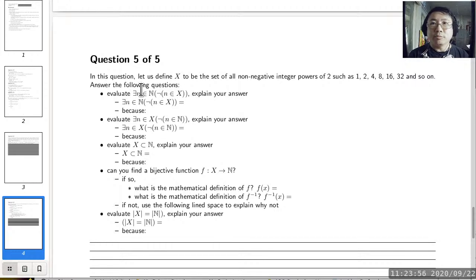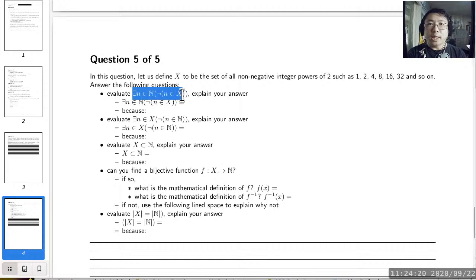All right, this is question number 5. In this question, let us define x to be the set of all non-negative integer powers of 2, such as 1, which is 2 to the power of 0, 2, which is 2 to the power of 1, 4, which is 2 to the power of 2, 16, 32, and so on. Answer the following questions. Evaluate this particular expression.